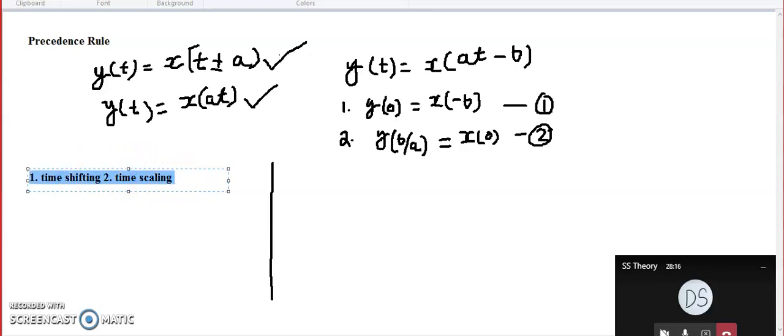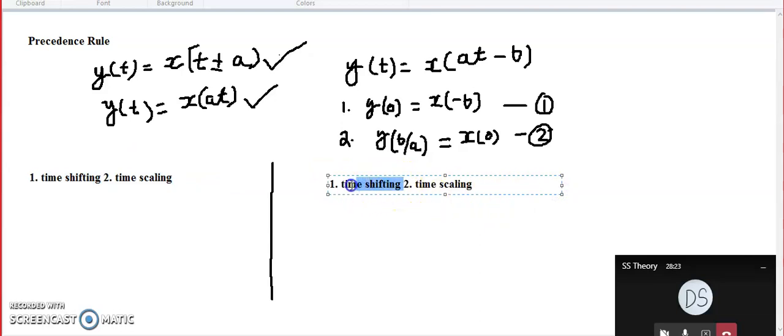And the second is when time scaling is done first and time shifting is done second. There can be two types of operations: one when time shifting is done first, another when time scaling is done first.